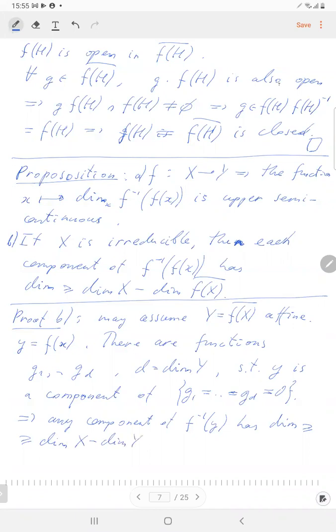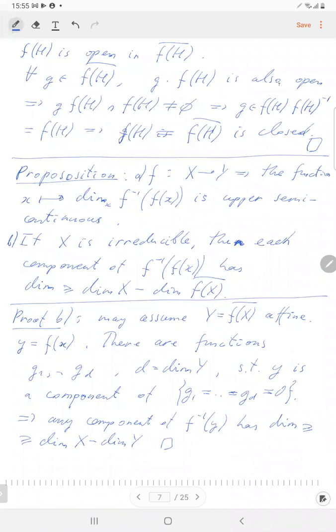Okay, because in the base this point is cut out by d equations, at least locally, and the same equations cut out the fiber in the total space, right? But since you have d many equations, the dimension cannot drop by more than this d. Okay? That's what we wanted to prove for B.